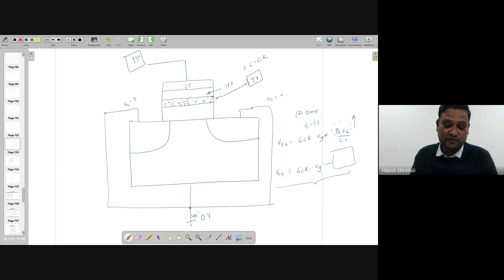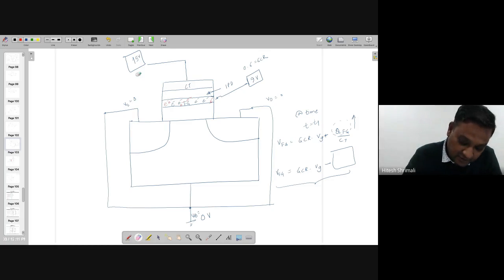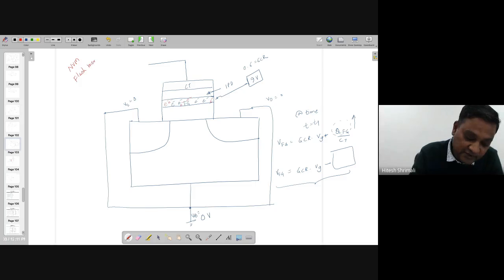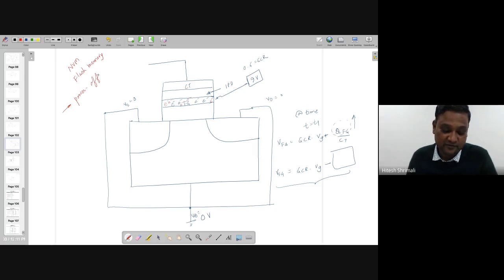So it will stop. At that time you can remove the power, as we know that this is NVM flash memory, which has the characteristic that even when the power is off, you can still read the data, right?